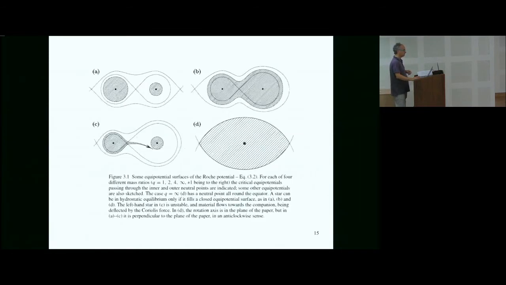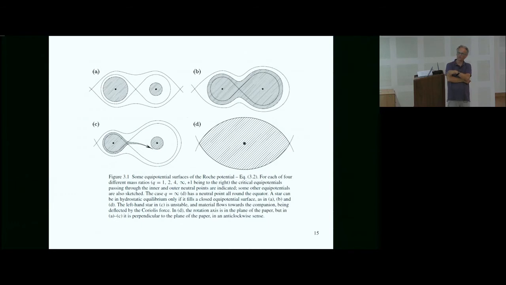Okay, so now these are a few examples of equipotential surfaces in the Roche lobe potential. The case A is when we have the system that is not filling the Roche lobe. There is a system that is overfilling its Roche lobe, and the two stars are having this common envelope around them.